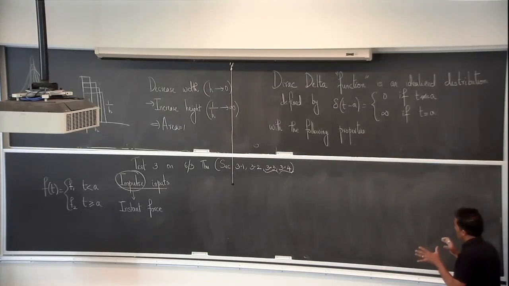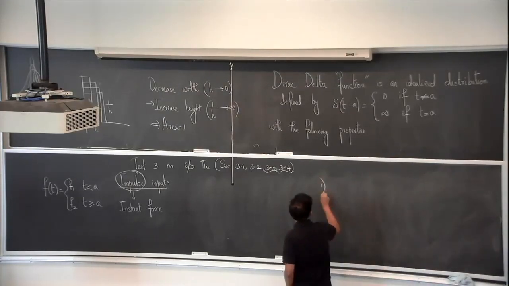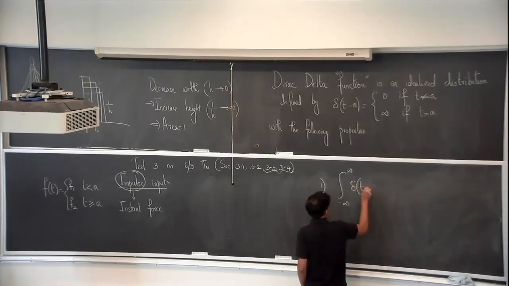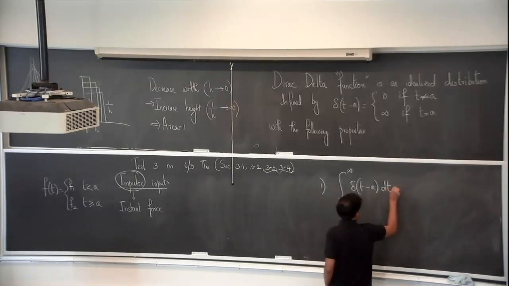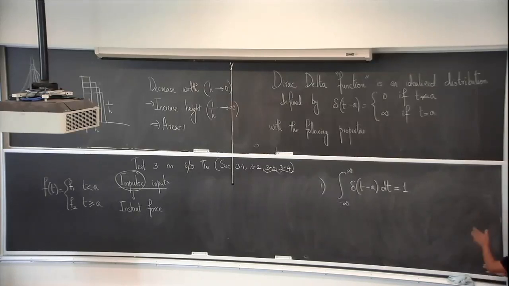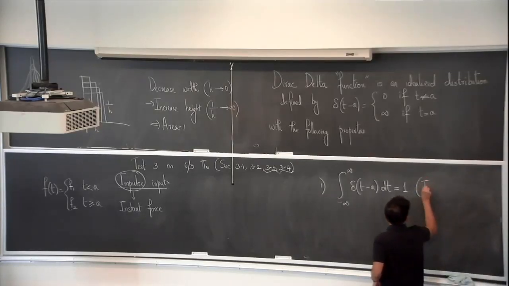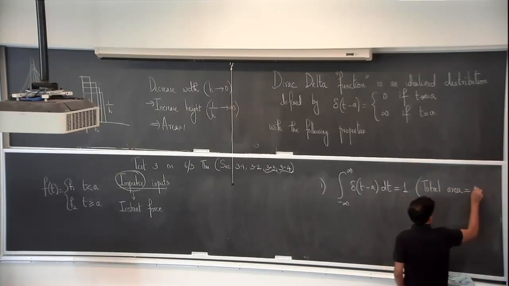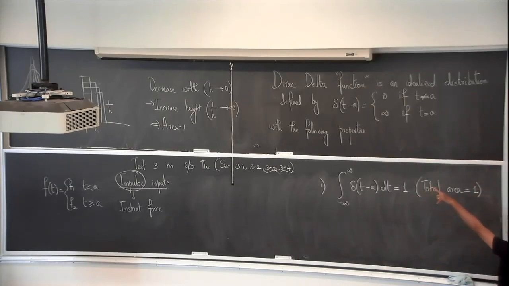You're going to keep it under control because of the following properties. One, the integral from negative infinity to infinity of delta of t minus a dt is equal to 1. It's saying that even if that function is going to infinity at that point, the total area under this graph is equal to 1. That's what I was trying to show in that picture with the rectangle. The total area is 1, even if it's spiking up.